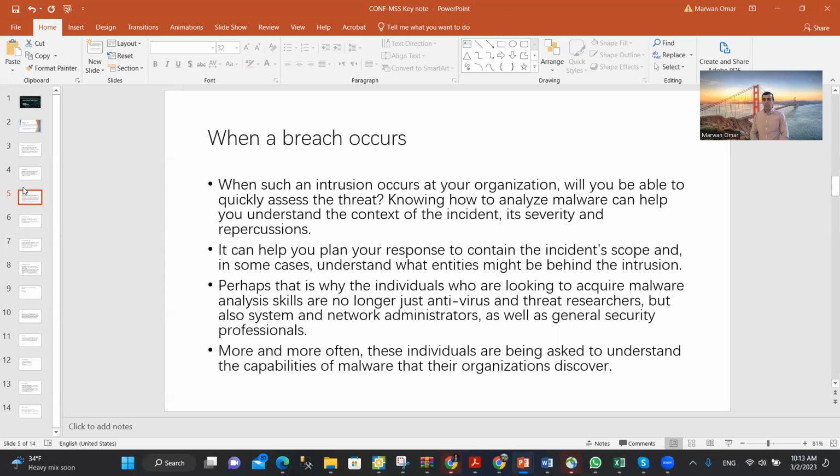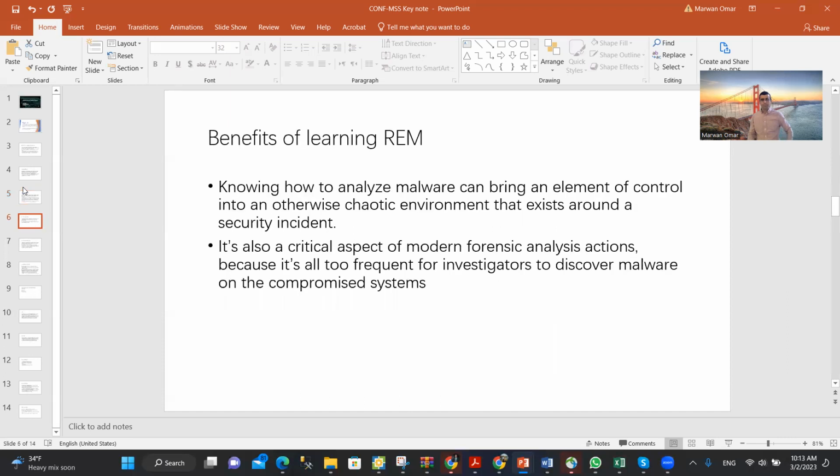Was the malware capable of deleting software on our networks? Was the malware capable of exfiltrating sensitive business data or confidential data or client data, financial information to a command and control server? So these are questions that we strive to answer when we analyze the capabilities of malware.